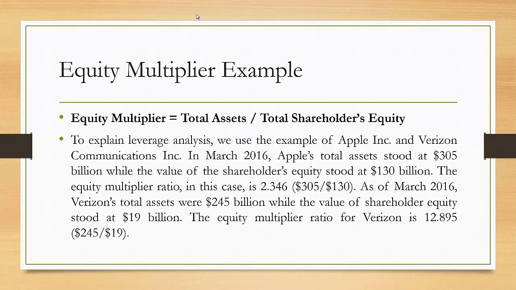As of March 2016, Verizon's total assets were $245 billion, while the value of shareholders' equity stood at $19 billion. So shareholders' equity is in the denominator. If the value is high, the result will be less, and if the value of shareholders' equity is less, the result will be high. So in this case, the equity multiplier ratio for Verizon is 12.895.